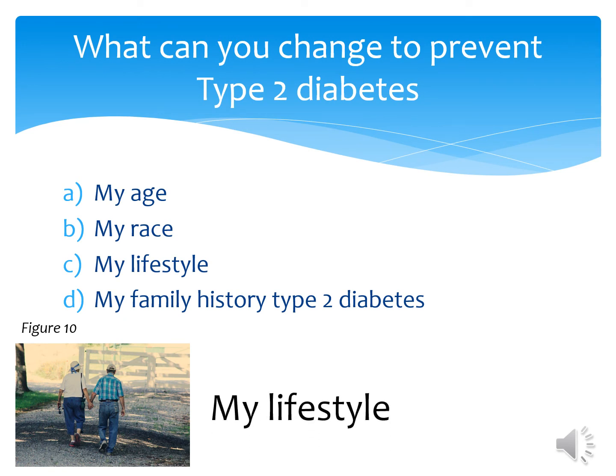What can you change to prevent type 2 diabetes? A, my age. B, my race. C, my lifestyle. D, my family history of type 2 diabetes. The answer is C, my lifestyle.